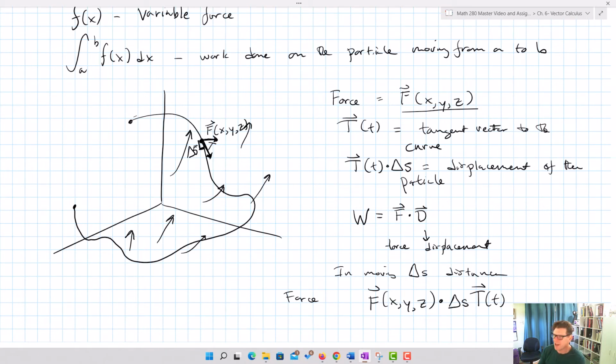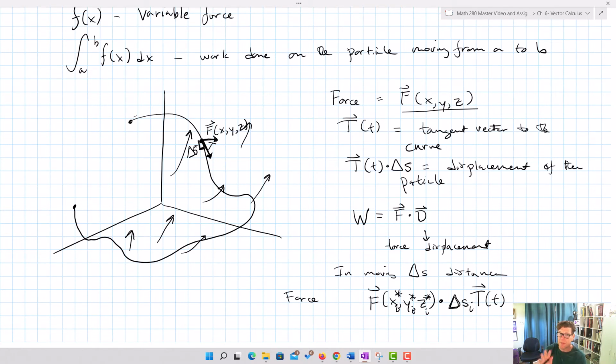If you go read a book, they've got the formal version with x_i star, y_i star, z_i star, that's a particular point in delta s, and then T, and we call this delta s_i, because it's the displacement somewhere along the curve.